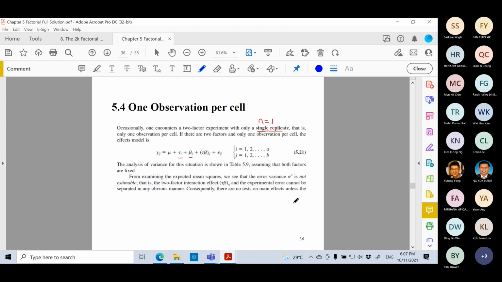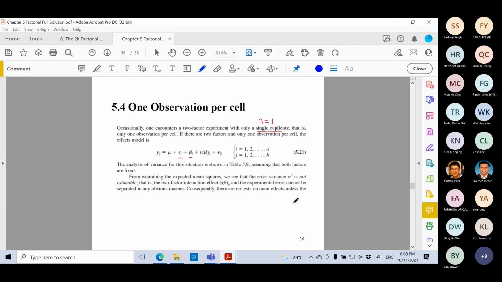Then I also mentioned the case where we have only a single observation per cell. As I mentioned in earlier slides, when you want to run a factorial analysis, you need more than one replicate.